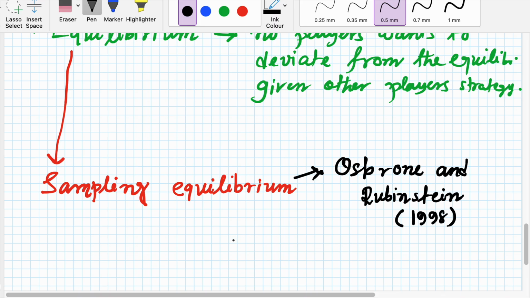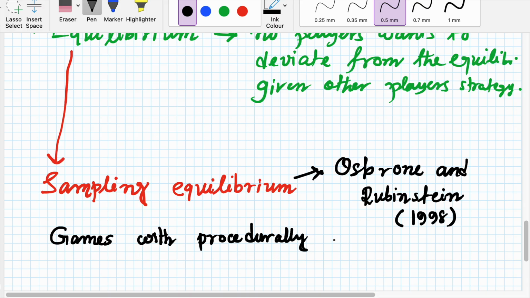The name of the paper was Games with Procedurally Rational players.